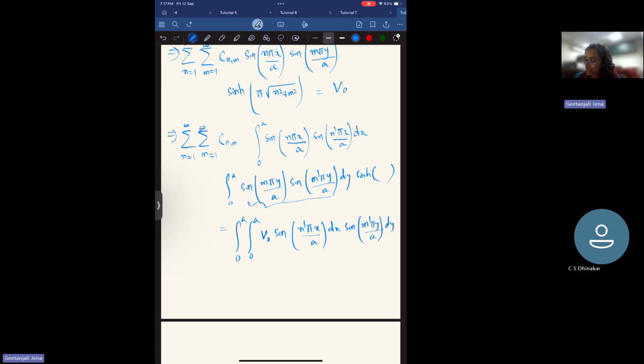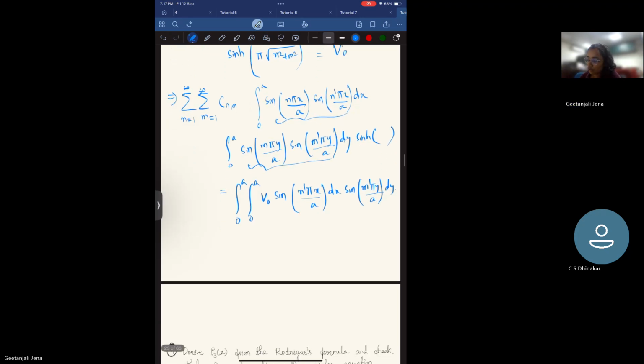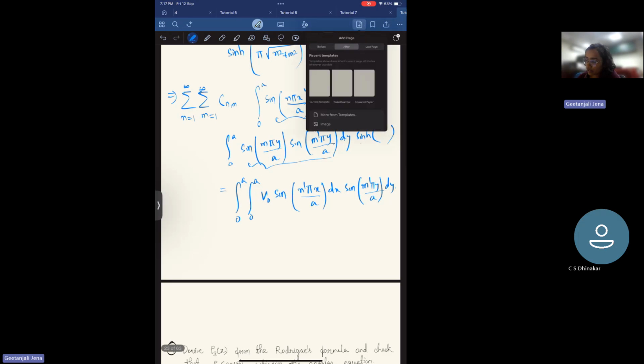So this will give a/2. This will also give a/2 whenever n equals n' and m equals m'.